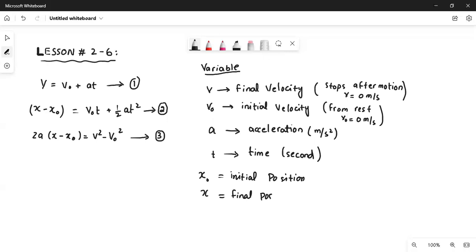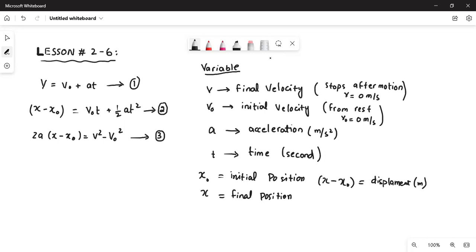In general we prefer x minus x naught as a whole as distance or displacement, and we will use the unit meter.